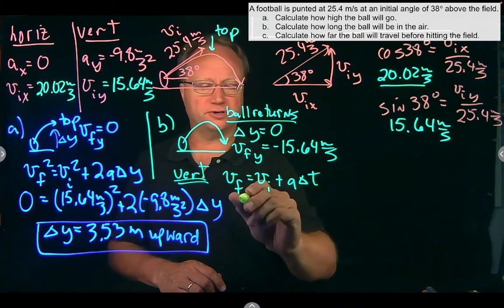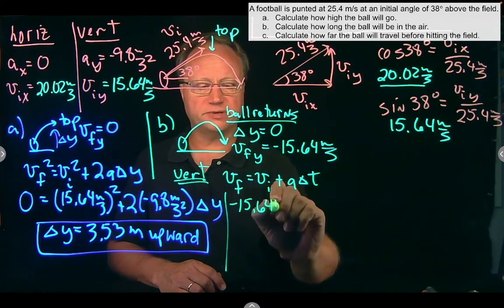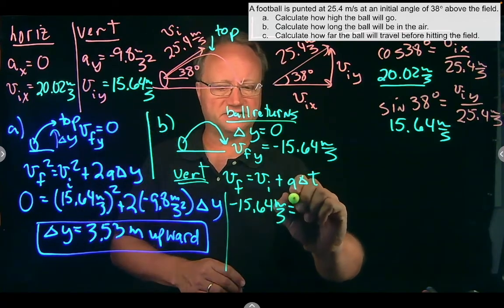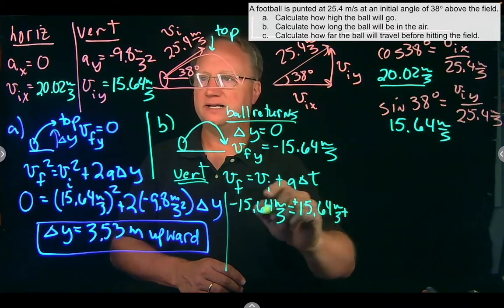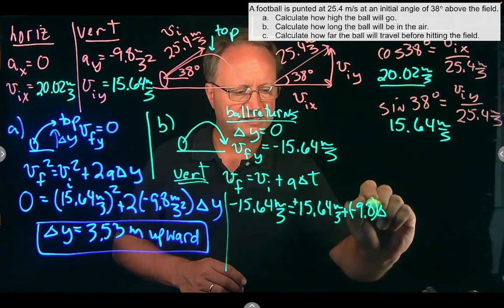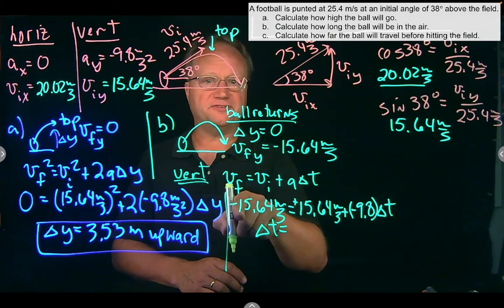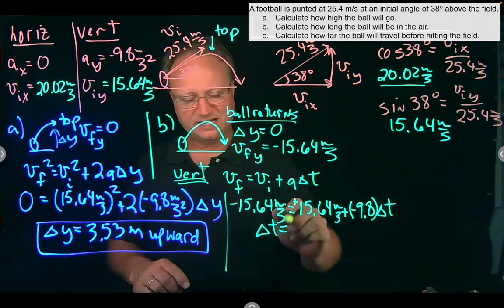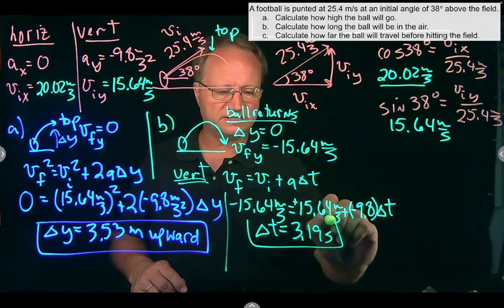So then the final vertical velocity, negative 15.64 meters per second, equals VI, that would be the initial vertical velocity, positive 15.64 meters per second, plus the vertical acceleration, negative 9.8, times time. So subtract the 15.64 to the other side and then divide by the negative 9.8. That's going to give us a time of 3.19 seconds.